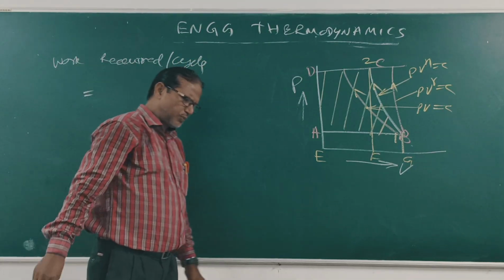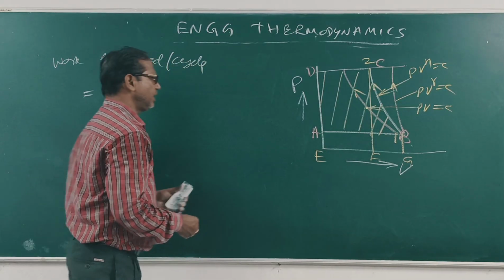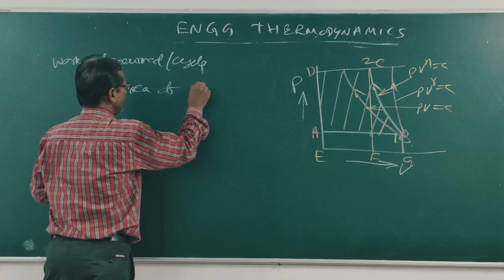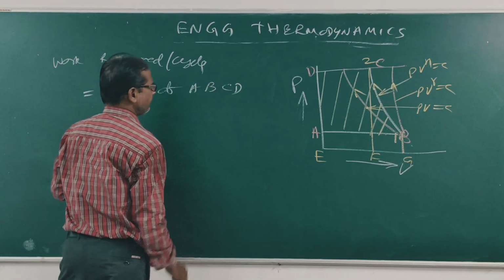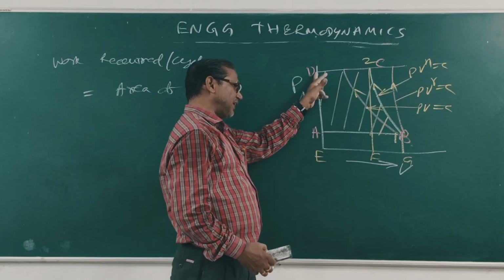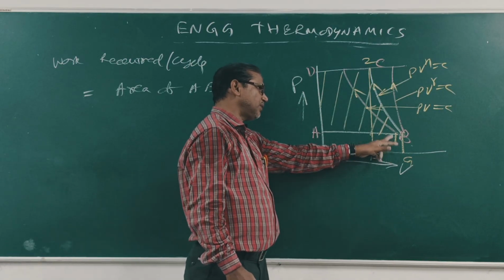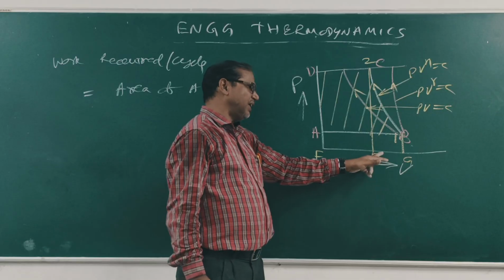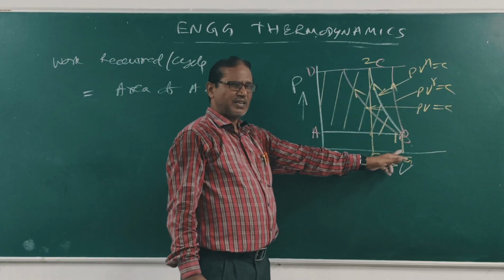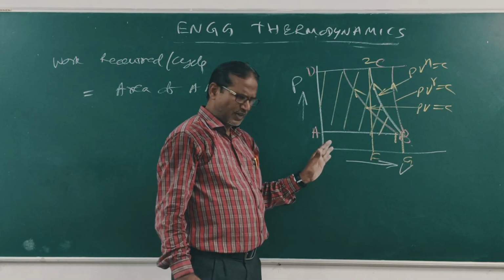Area of ABCD. What is area of ABCD? Area of CDEF plus area BCFG minus area ABG. Clear?